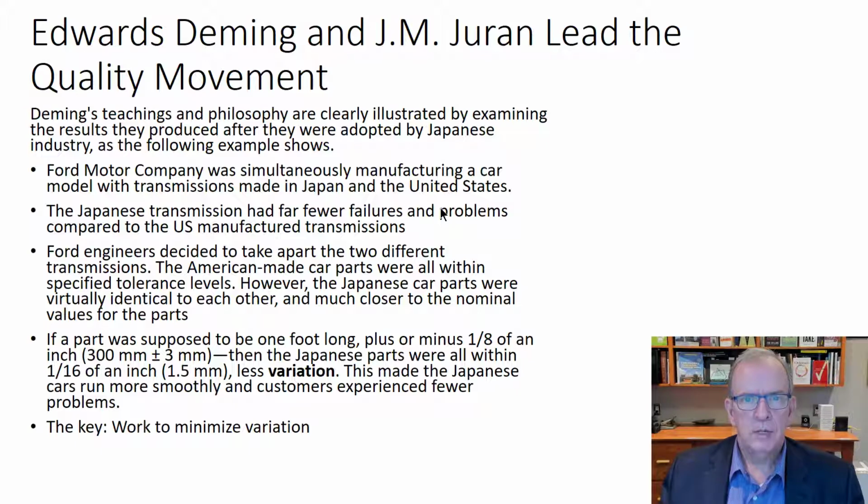Deming and Juran were two individuals. One of the highest areas where a lot of materials were coming out of a particular country was Japan. In the 50s, 60s, and 70s, there was a lot of stuff sent from Japan and exported to North America, but there were a lot of quality issues with it.